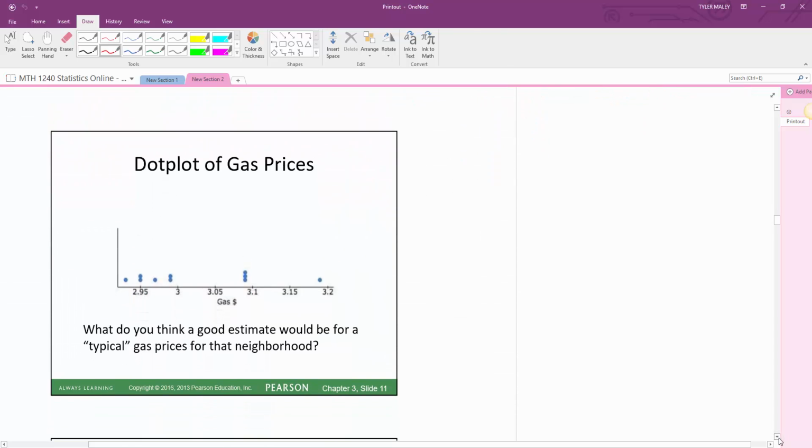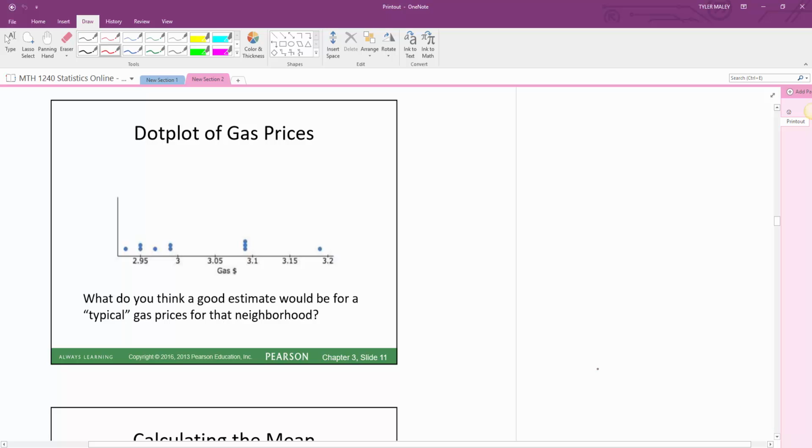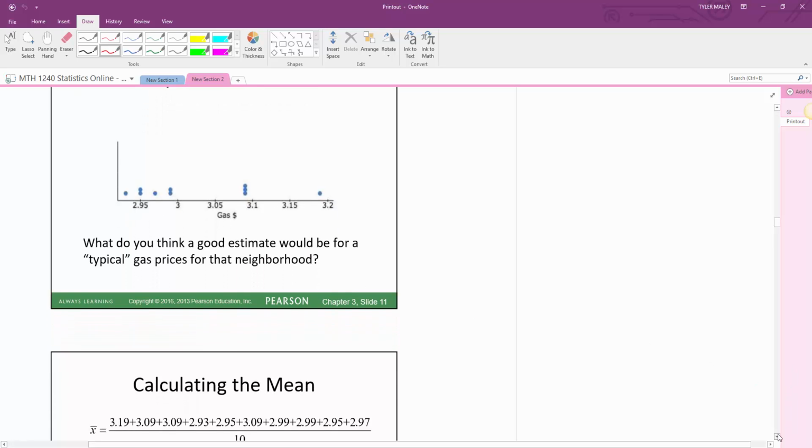If we look at the next slide, what we've done here is just taken that gas price data and plotted it in a dot plot. The question here says, what do you think a good estimate would be for a typical gas price for that neighborhood?